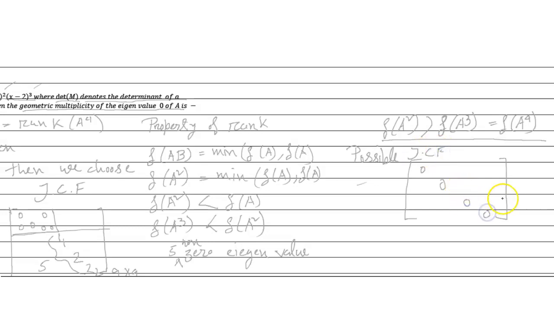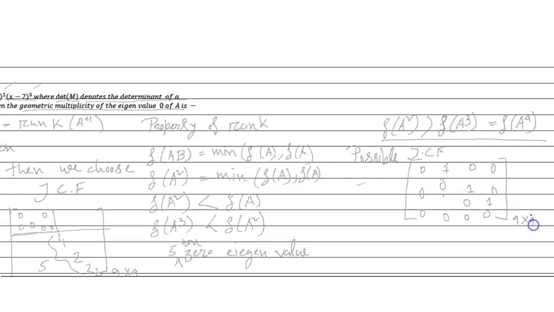Suppose the possible Jordan block is only 1, which means this is a 4 cross 4 matrix.